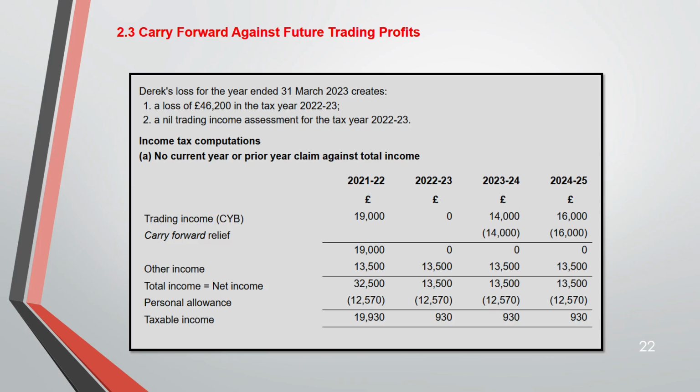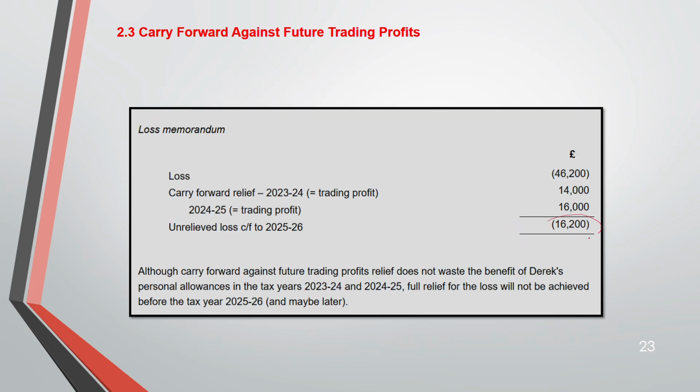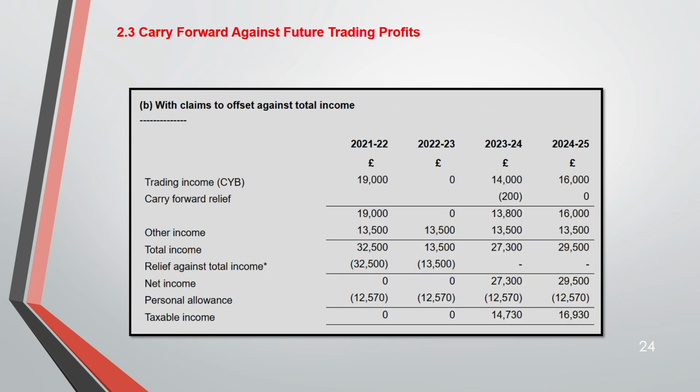So this is the answer for activity 1 under A, where you have made no claim. We have only carried forward 14 and 16 with still 16,200 remaining unrelieved. But in B, we have this and this against the total income and only 200 remaining, which is carried forward.